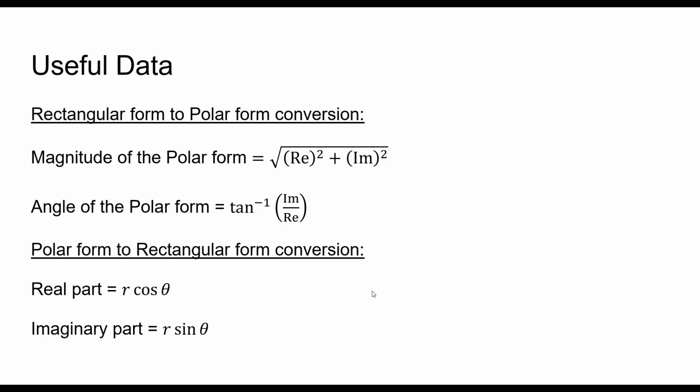To convert from polar form to rectangular form, we need to find the real part and the imaginary part. The real part is r cos theta, which is magnitude times cos theta. The imaginary part is r sin theta, or magnitude times sin theta.